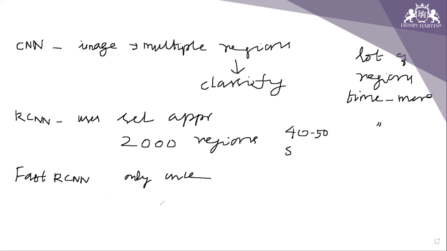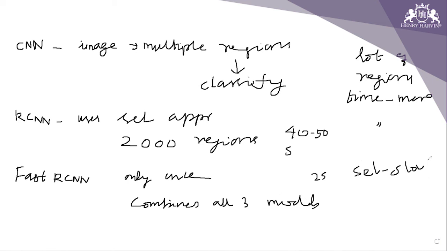It combines all 3 models used in RCNN together. Here the prediction time per image is 2 seconds. Again, the problem is that selective search is very slow, and hence the computation time was still high.